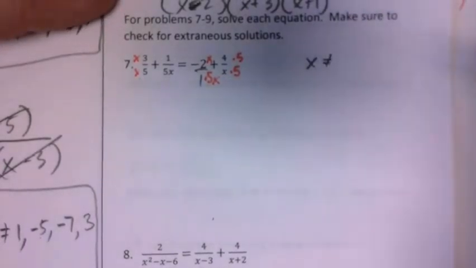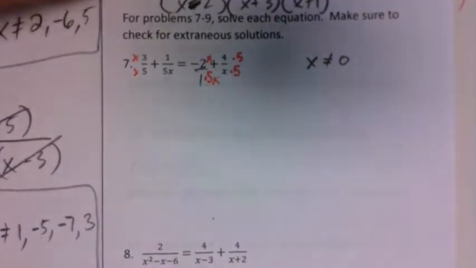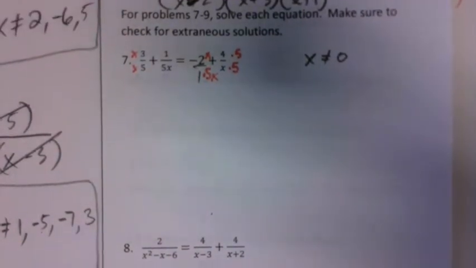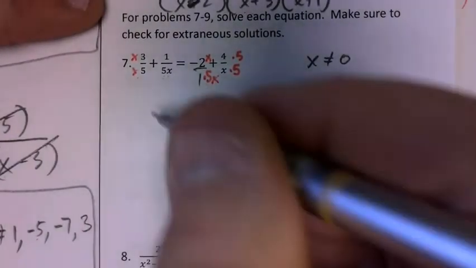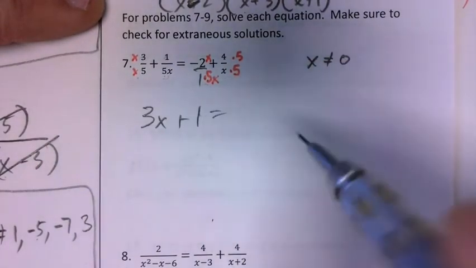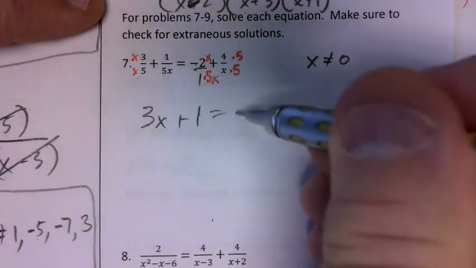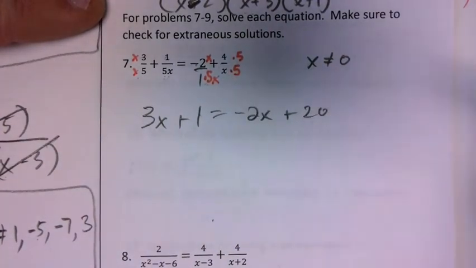Now check this out, restrictions. 5 times what makes 0? Well, 0, so x can't be equal to 0. I have to keep that in mind. Now, here I've got 3 times x plus 1 equals negative 2 times x plus 4 times 5 is 20.